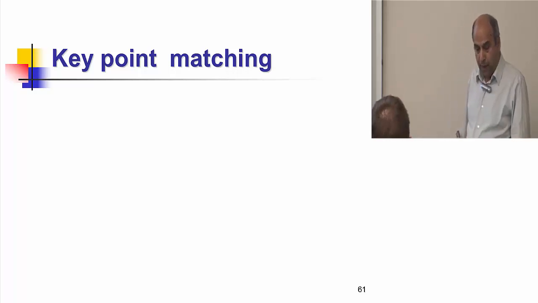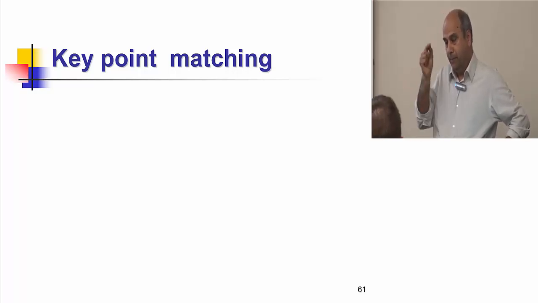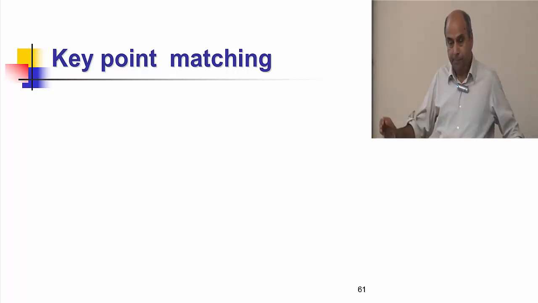Okay? So the reason we want to do all that is we want to be able to match images. We want to take a point in one image and match it to the corresponding point in the next image, and that image is rotated, translated, and there are lots of changes to it. That's the ultimate goal.